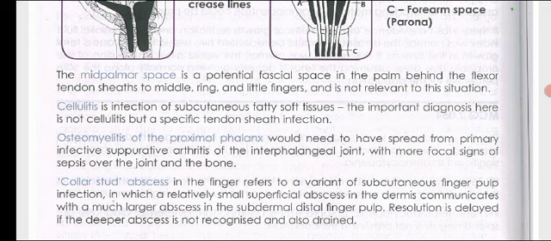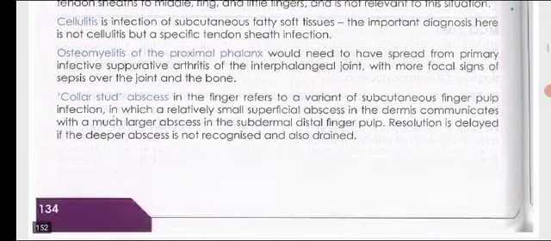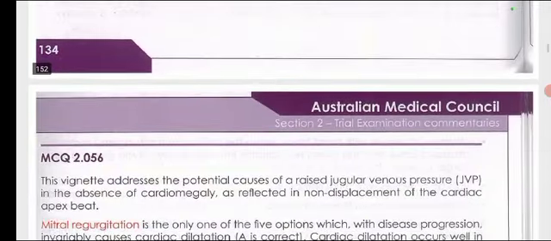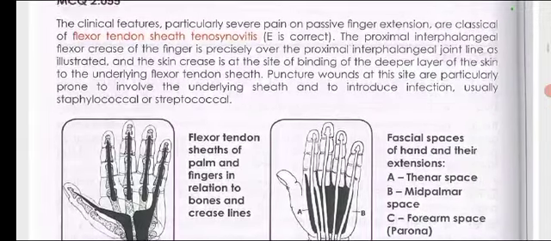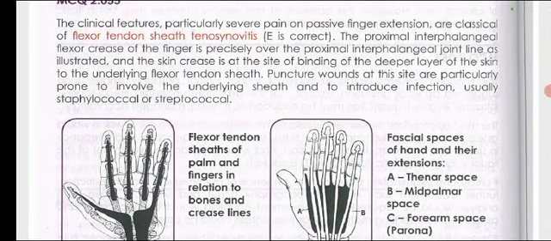Collar stud abscess in the finger refers to a variant of subcutaneous finger pulp infection in which a relatively small superficial abscess in the dermis communicates with a much larger abscess in the subdermal distal finger pulp. Resolution is delayed if the deeper abscess is not recognized and also drained. So this is the flexor tendon sheath tenosynovitis.